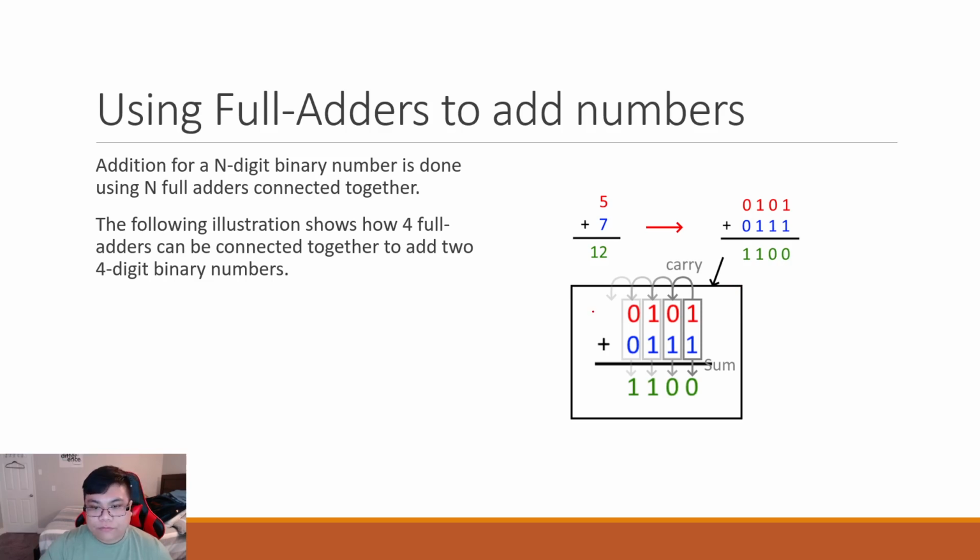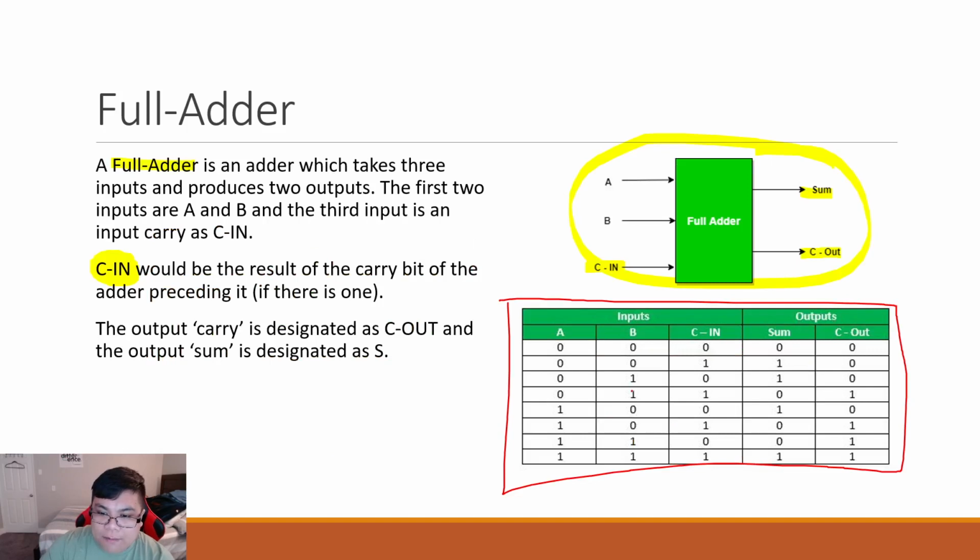So let's remind ourselves how the full adder works. It takes three inputs, A, B, and this carry in, which is the result of the previous adder, if there is one, right?